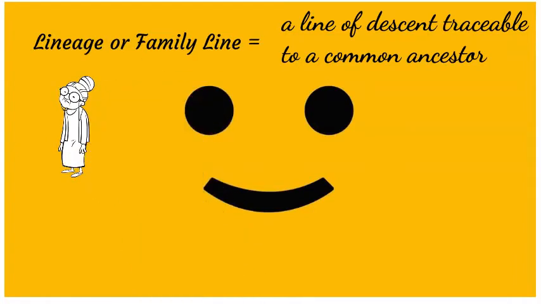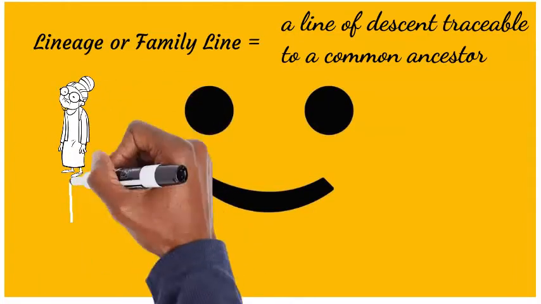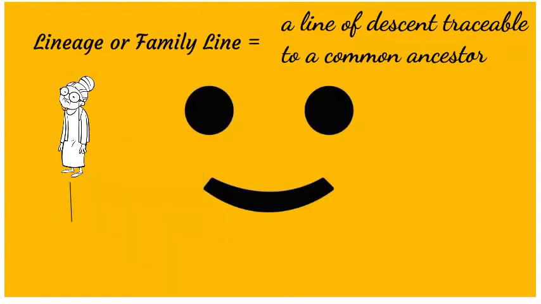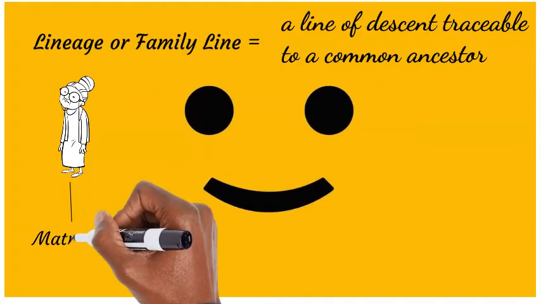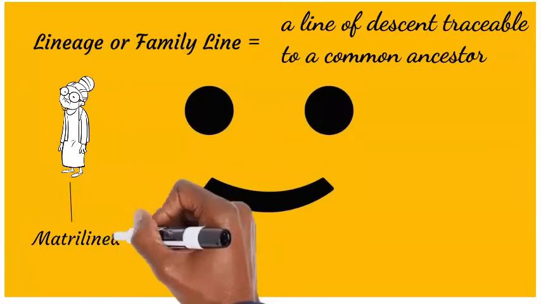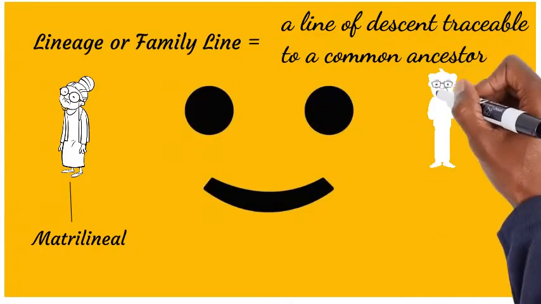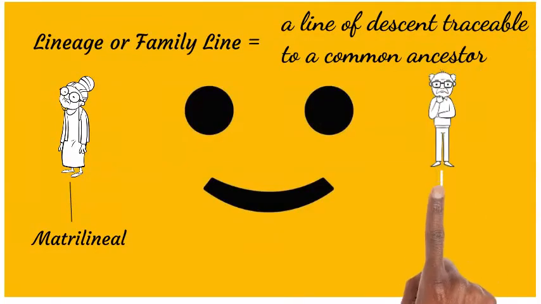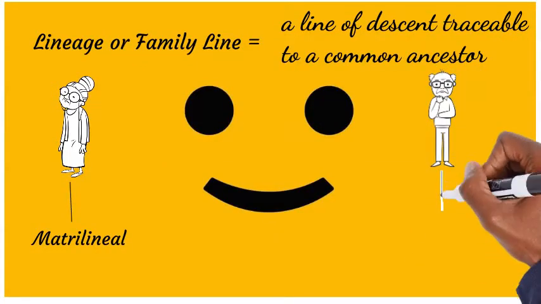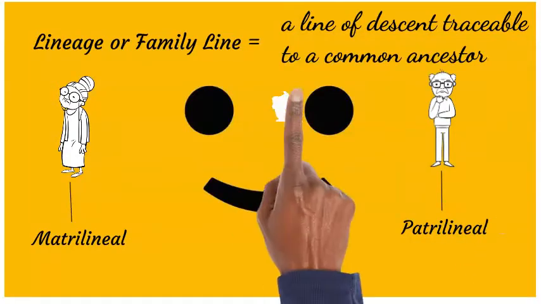Family trees can show the mother's lineage, and whenever it shows the mother's lineage, it is called matrilineal. It can also show the father's lineage. Whenever it shows the father's lineage, it is known as patrilineal.